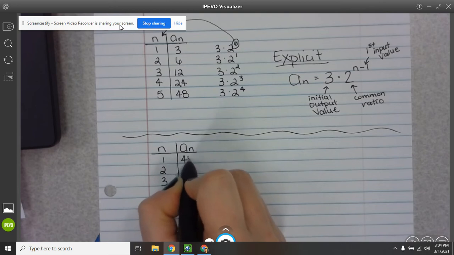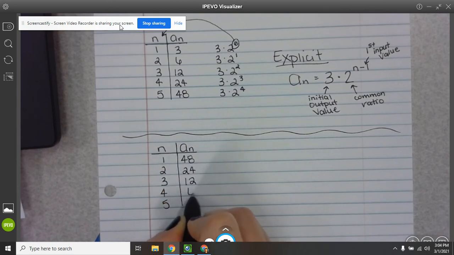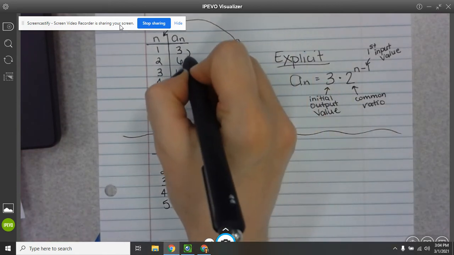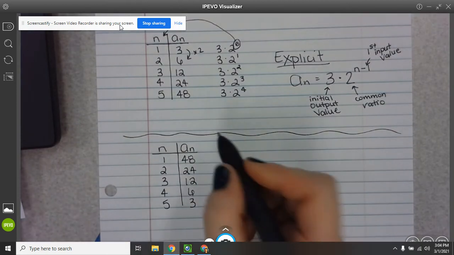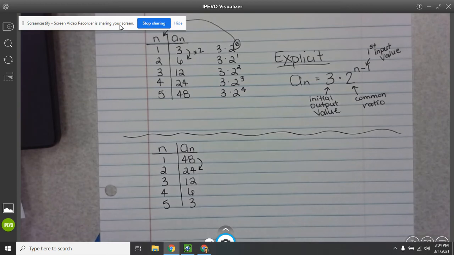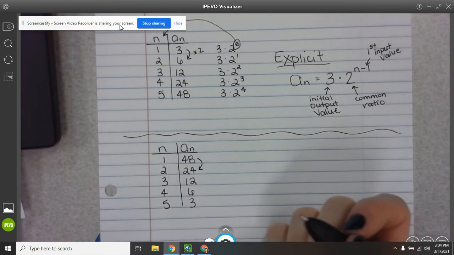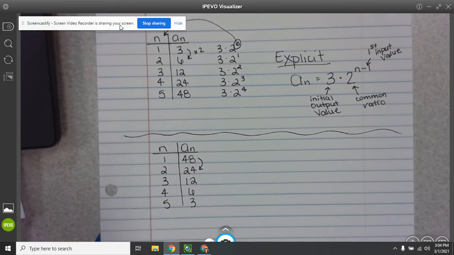And this is going to be 48, 24, 12, 6, and 3. So before here, my pattern was times 2. Well, now I'm going the opposite direction. And normally, our brains would think divide by 2, which is totally valid. And yes, it is correct that we are dividing by 2.